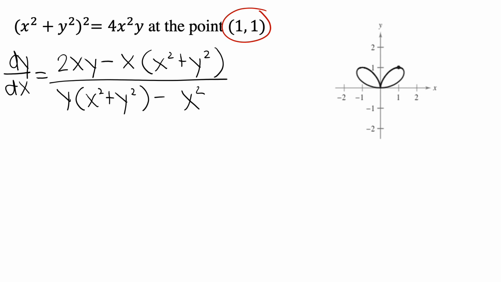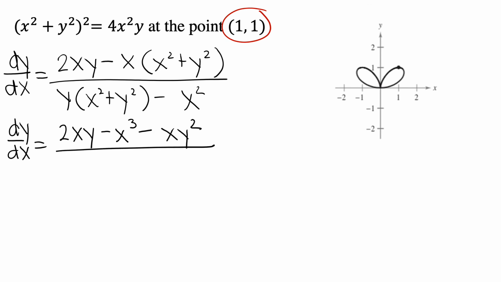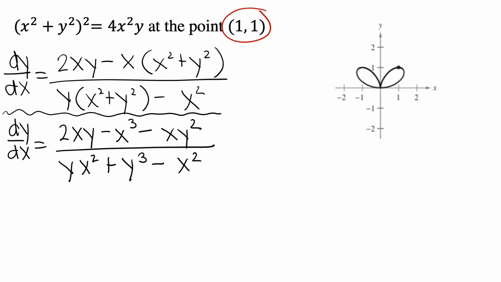Otherwise, you could simplify, so you could write this as dy/dx equals 2xy, distributing our negative x, minus x cubed minus xy squared, over, distributing our y, yx squared plus y cubed minus x squared. Again, there's just a lot of very similar looking values there. It's hard to see. You want to be careful and make sure you distribute any and all negatives so you get your correct answer.